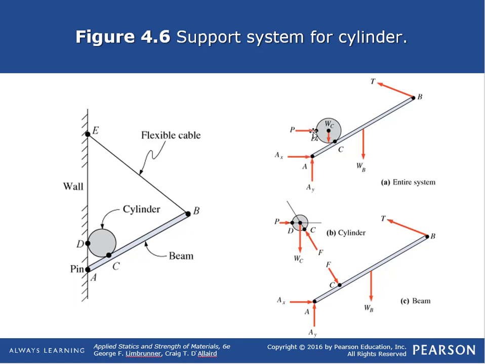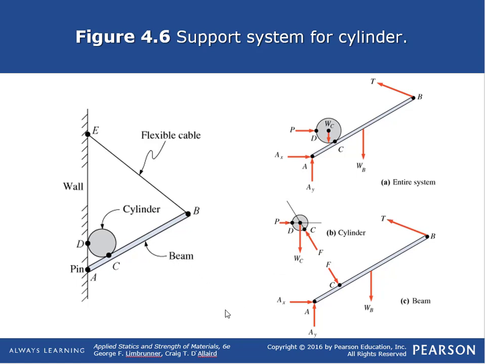Then we also have the cylinder, which has a weight of its own, again acting in the vertical direction, and a reaction of the cylinder pressing on the wall. So in this case, we have two bodies: the cylinder and the beam.